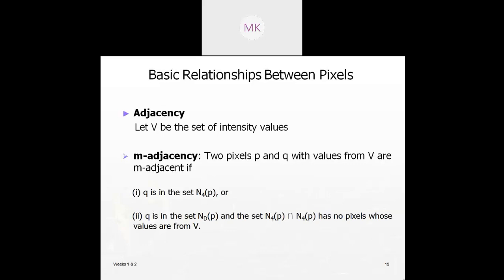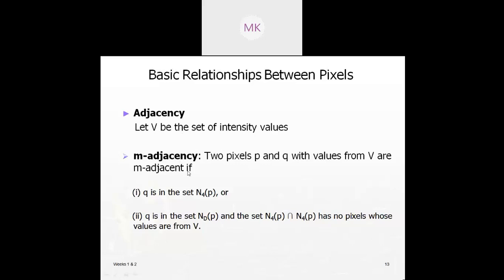We are going to consider three types of adjacency: 4 adjacency, 8 adjacency as well as M adjacency. So three types of adjacencies are considered with respect to the given image.